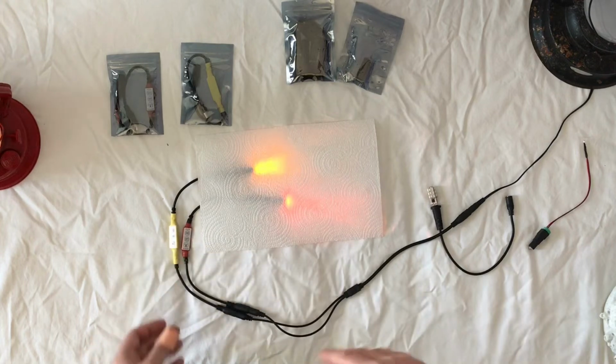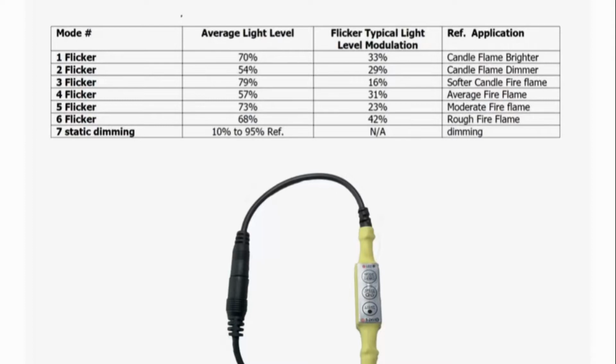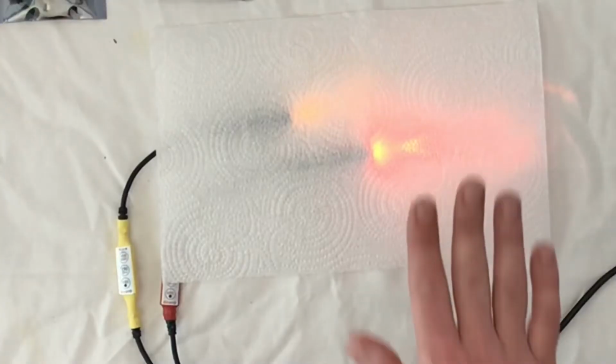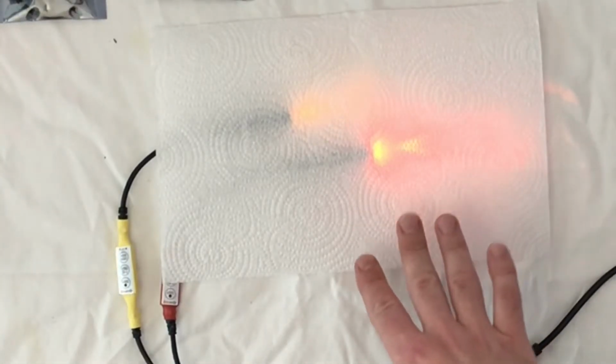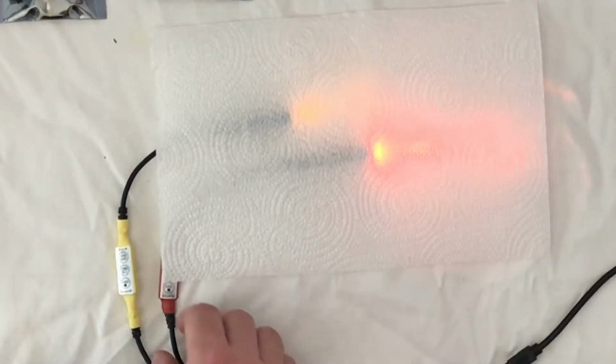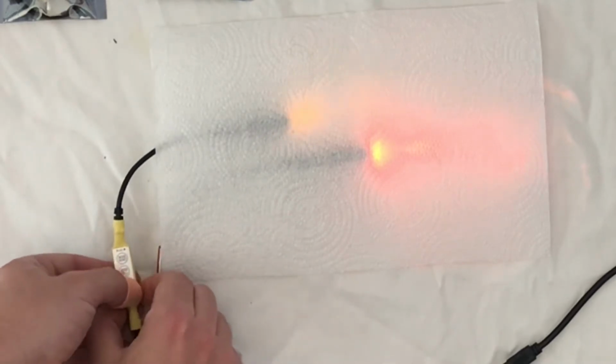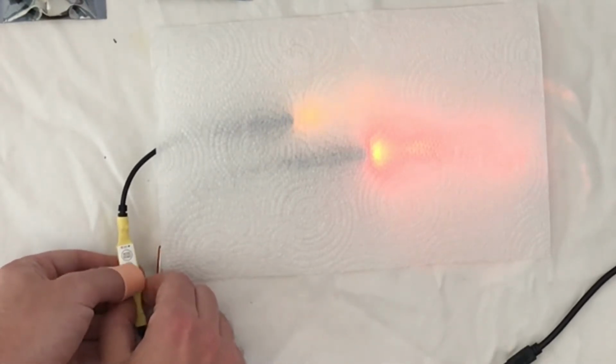Now, I'm going to go ahead and throw up on screen the picture of all the different dynamic flicker settings per the manufacturer. Now, hopefully you can see these under the paper towel, but what I have them set to right now is the dynamic dimming setting. You have the ability to dim them statically from 10 all the way up to 90%.